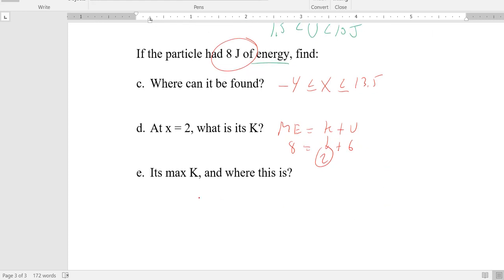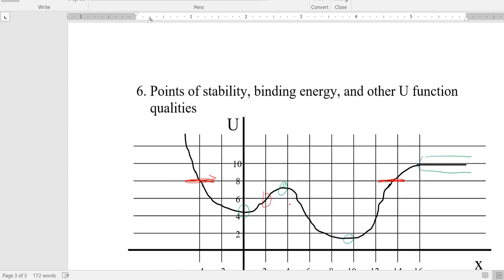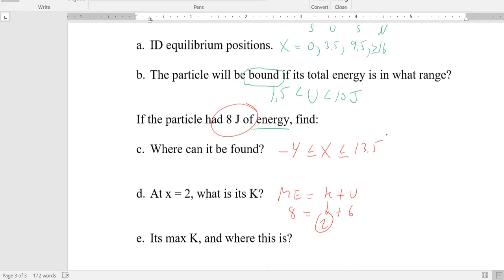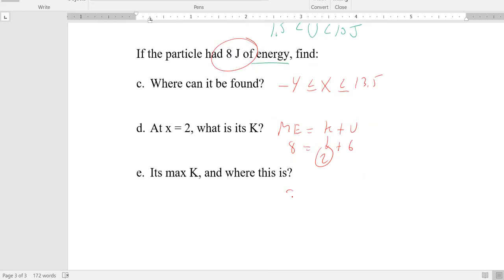Also, the final question is, what is its max kinetic energy and where is this? Well, if something is rolling up and down hills, it's going to have the most kinetic energy where its potential energy is the least. Where does that occur? Well, for our graph, that occurs right there. That's the lowest that the graph gets. So again, I know the total energy is 8. I'm trying to find the kinetic energy.